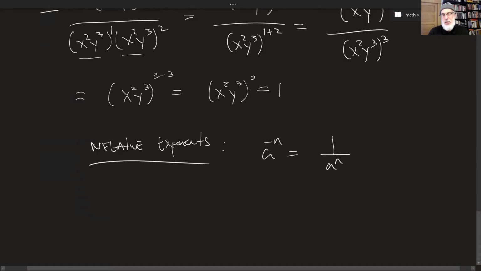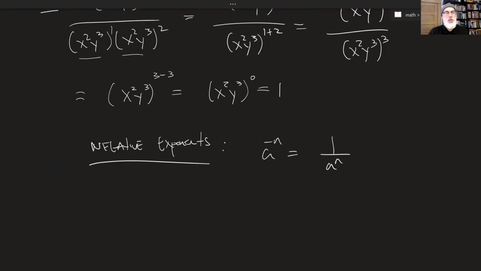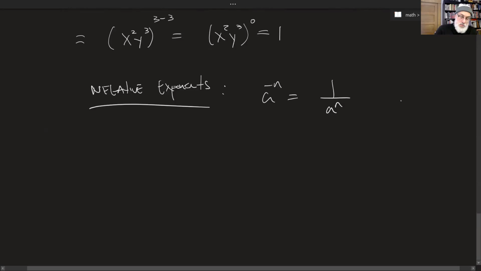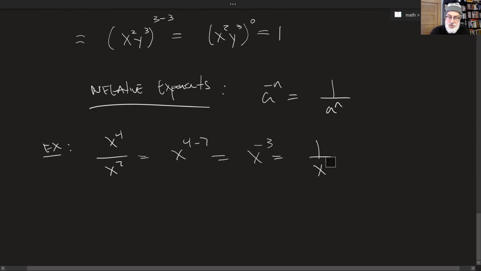Effectively, we take the negative exponent and we put the base and the exponent positive in the denominator of a fraction. So an example, and you can see we're sort of stacking rules now. So the first thing we need is the quotient rule. So we have 4 minus 7 is x to the negative third. And then the above rule says, well, I can write that as 1 over x to the third.